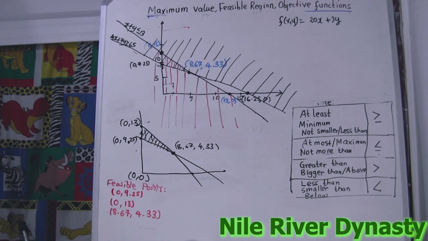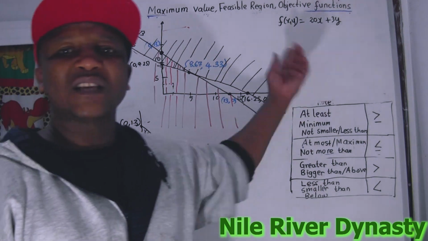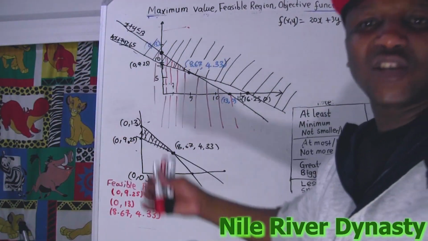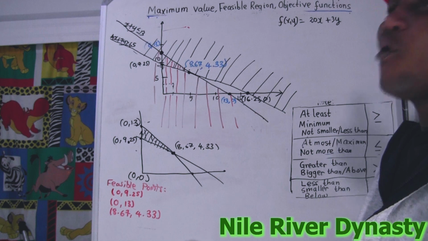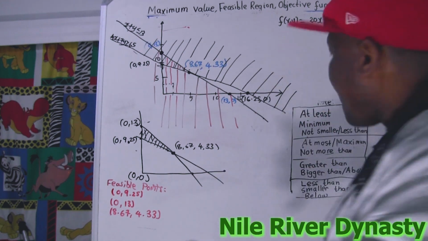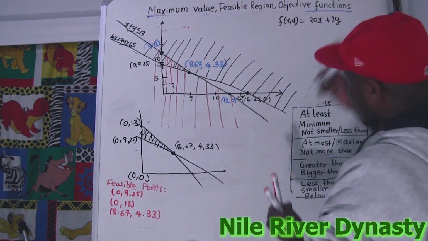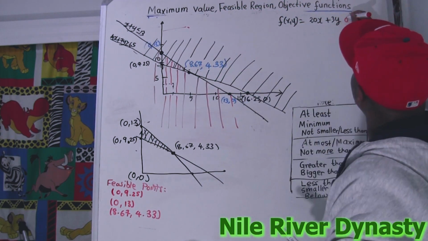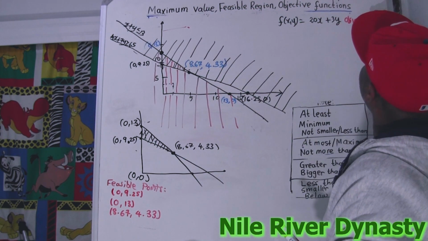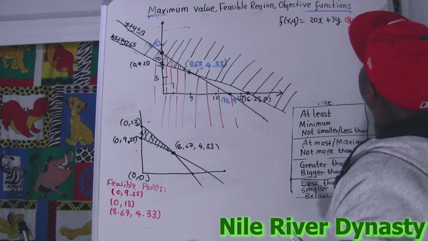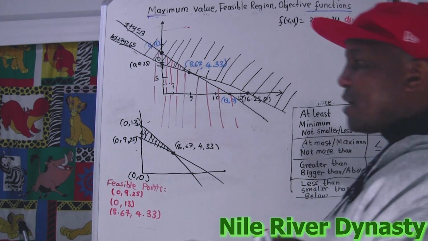For this one it's about how many hours. Let's say it's a salary function: which point is going to give him more salary? This is the objective function.